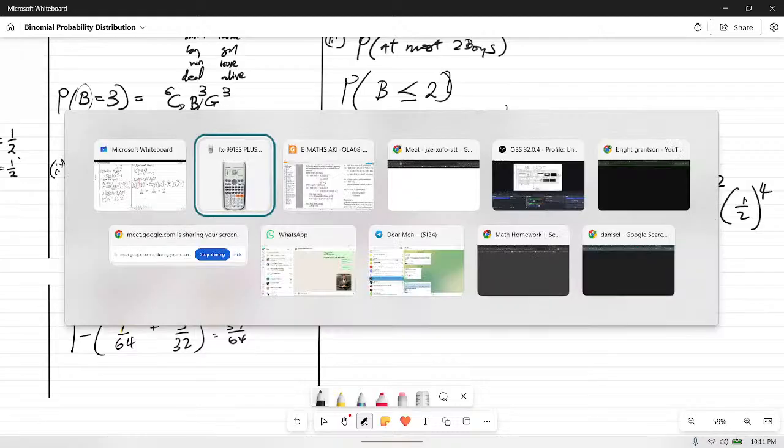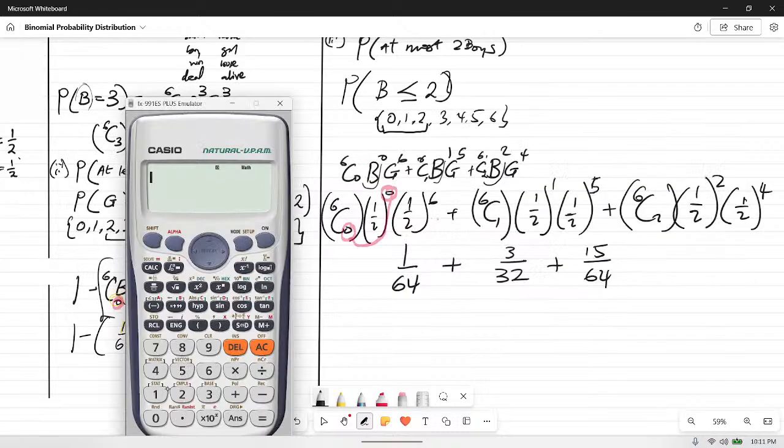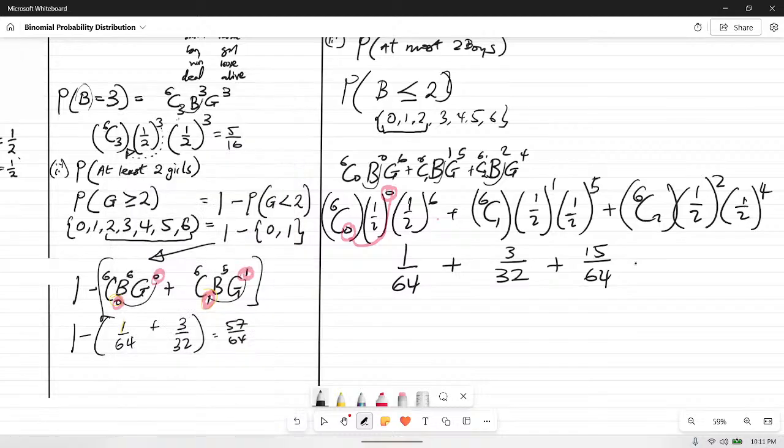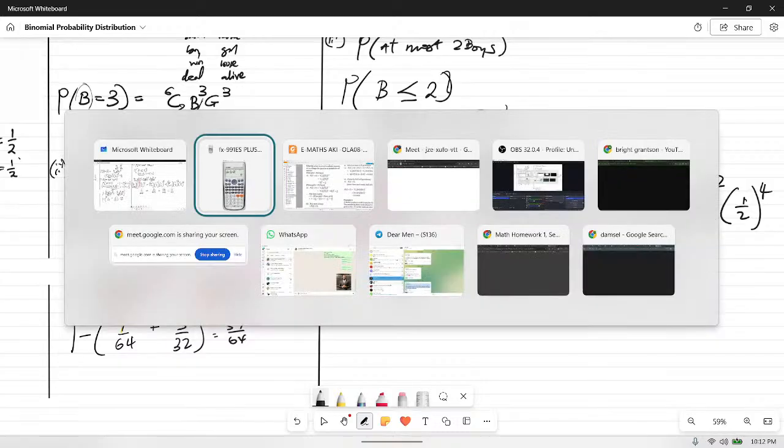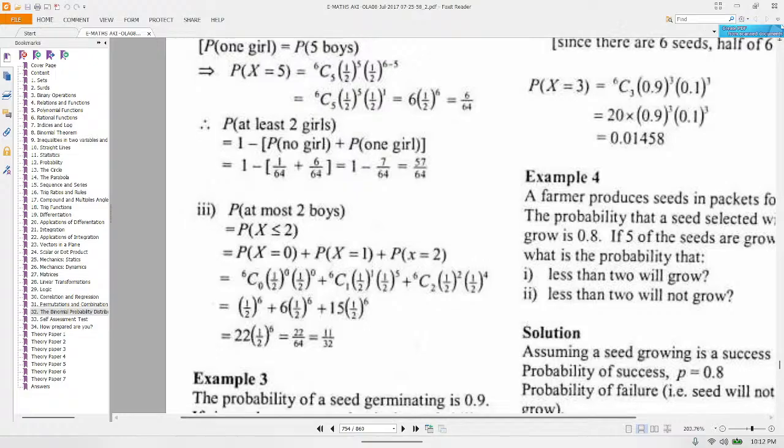Let's add this and see if we get our answer correct. 1 over 64 plus 3 over 32, it's just like the previous question we saw. We get 11/32. Same answer, 11/32.